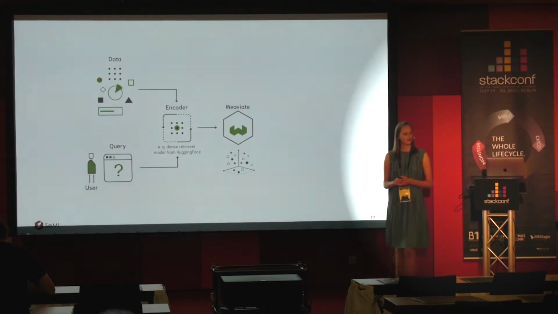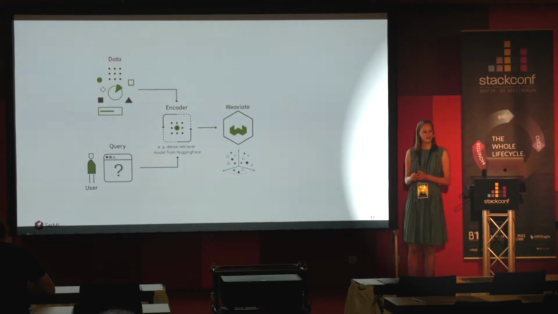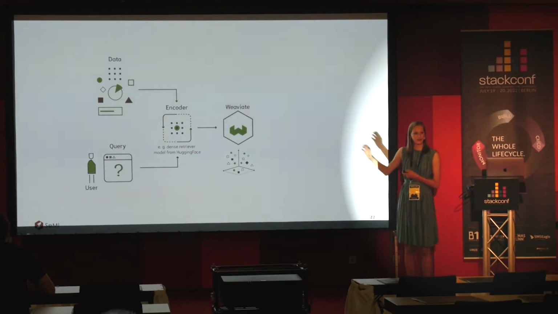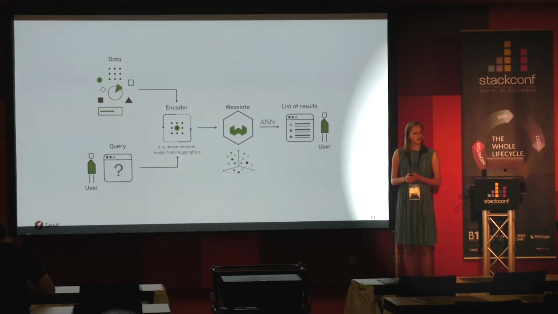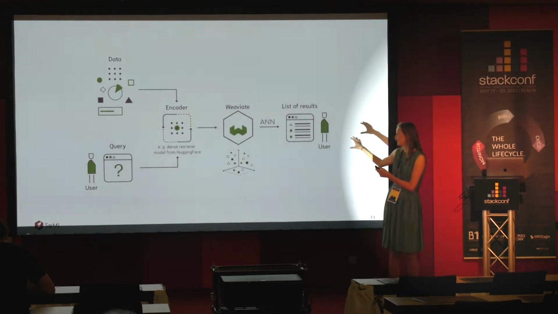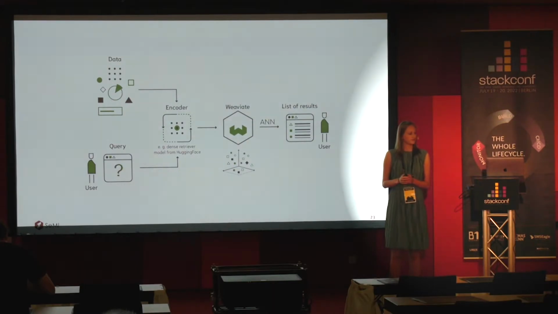Then if you do a search query, this will also be vectorized using the encoder model, or a different encoder model depending on your setup. And Weaviate will do the approximate nearest neighbor search to retrieve the list of results. This is how a very basic search pipeline looks. We have one machine learning model and we have the database.